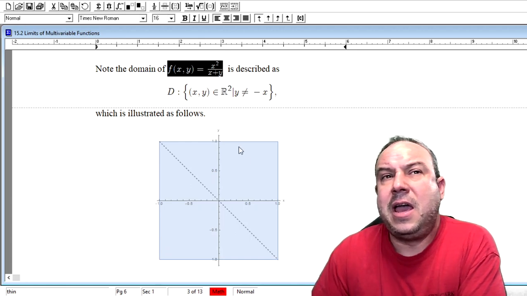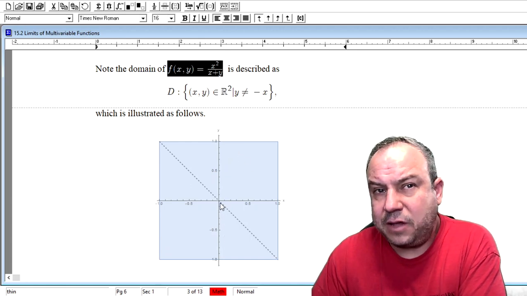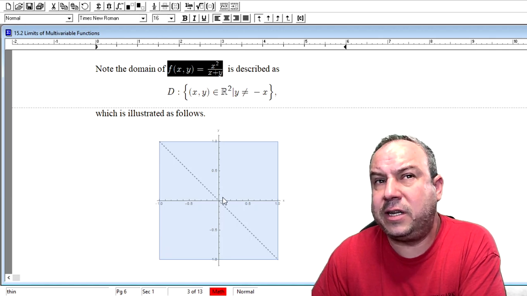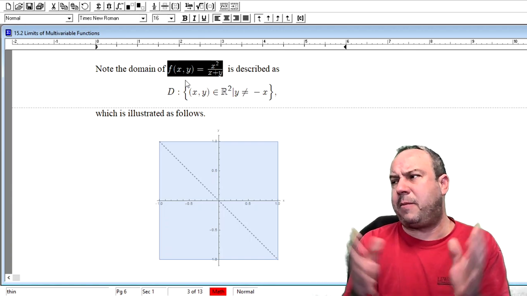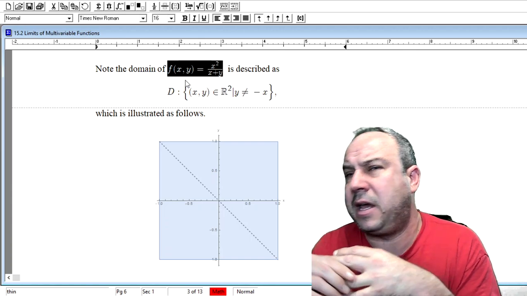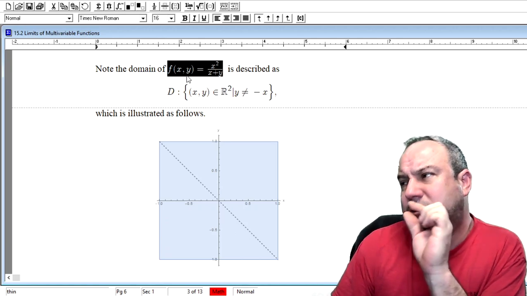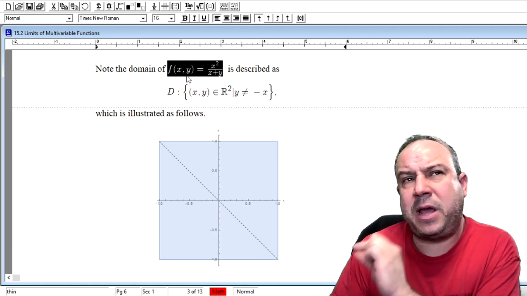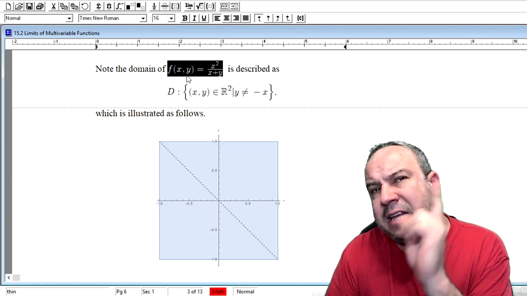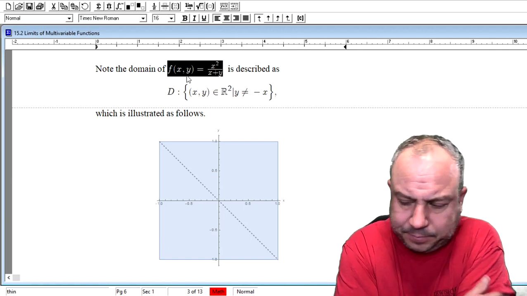As you approach 0, 0 in its domain along the y-axis, this function says, hey, I'm approaching 0 in my behavior. All right? That's one little bit of information about one of an infinite number of approaches, folks.